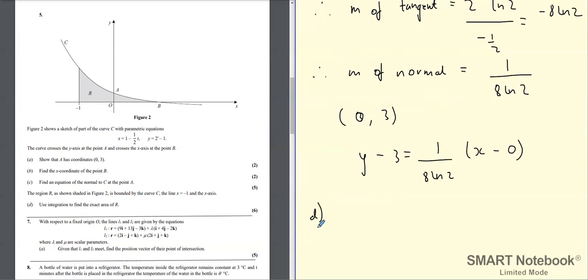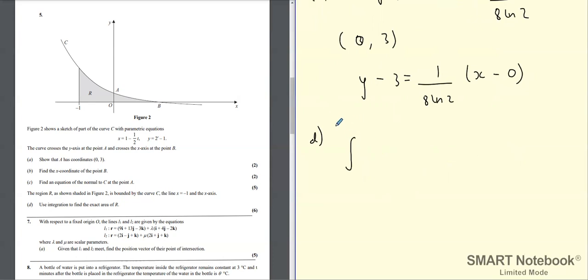Now part D, we have been asked to work out the area of region R. If we think about region R, it's between x equals 1 and minus 1.